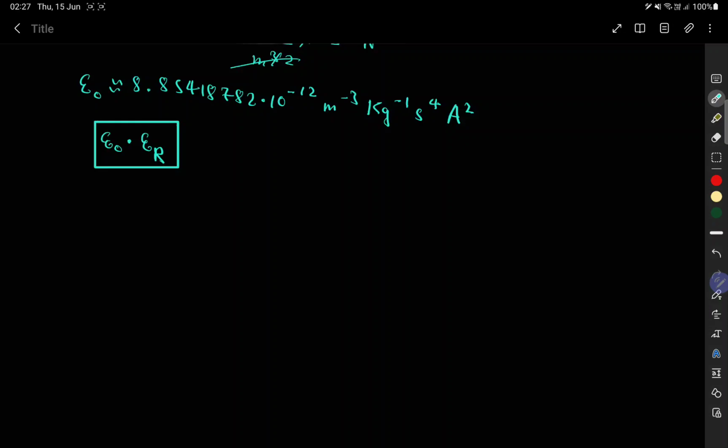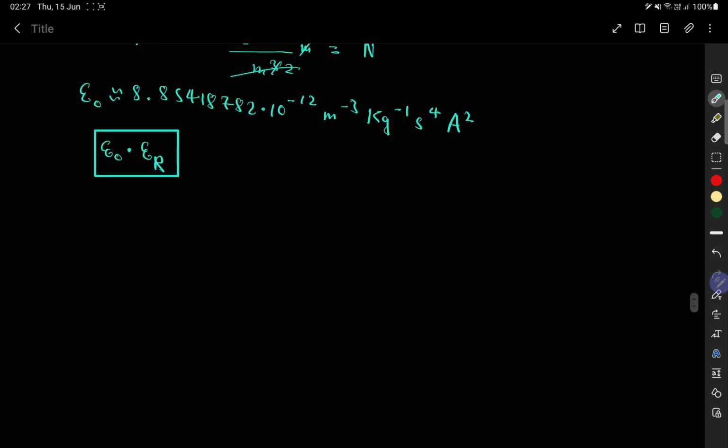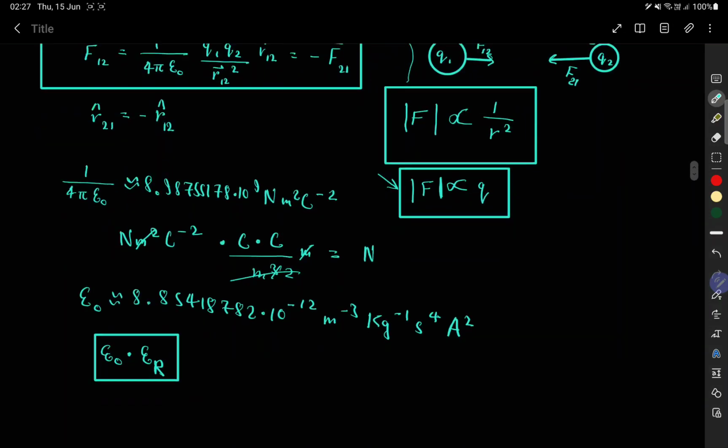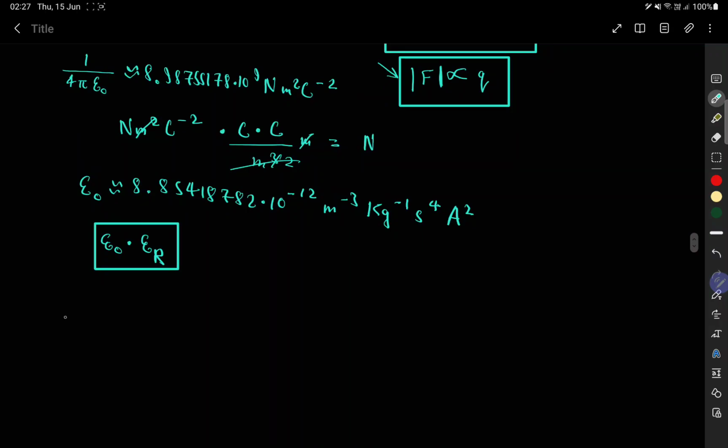Okay, so continuing on, now let's think of not just one force. Right now the example we considered was just two point charges affecting each other.